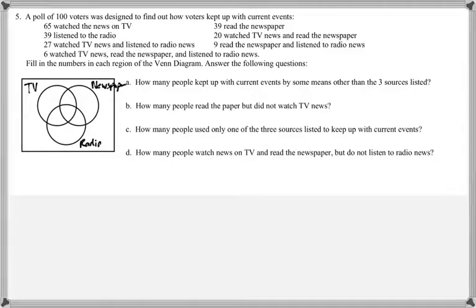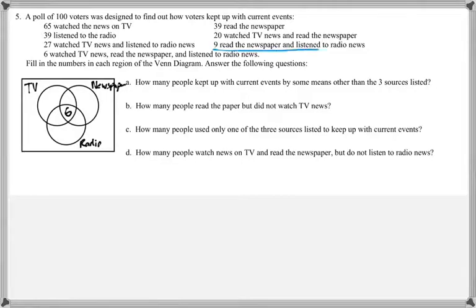So we want to start with the center and then work our way towards the footballs and then work our way outwards. So 6 did all three. So 6 goes in the center.